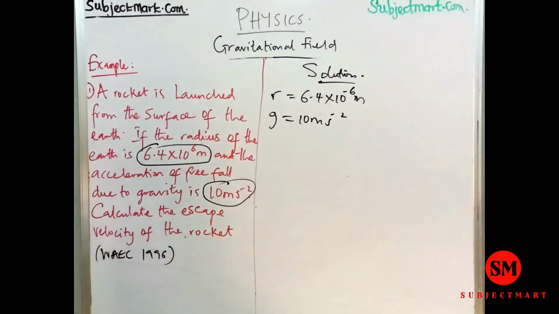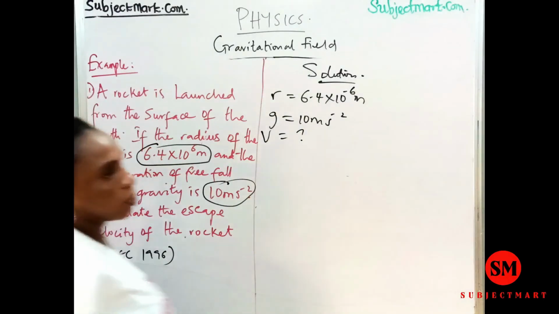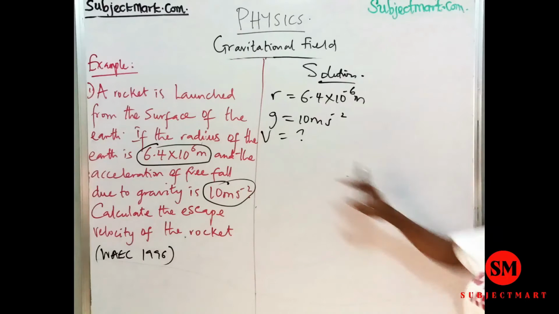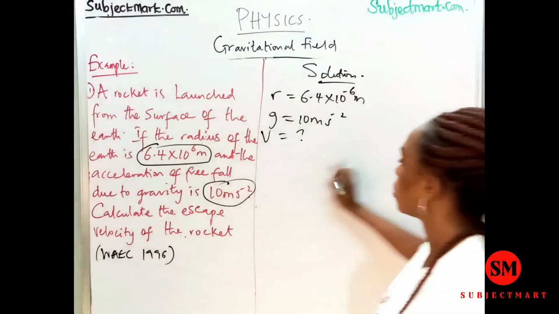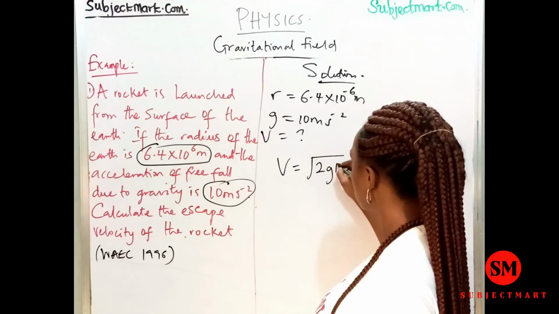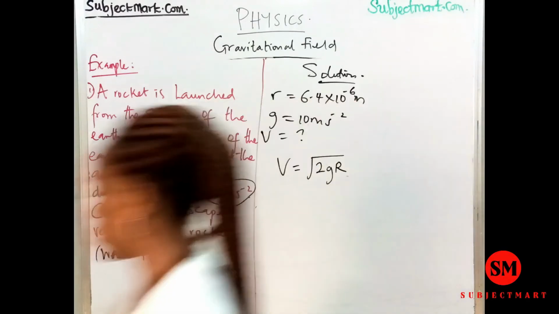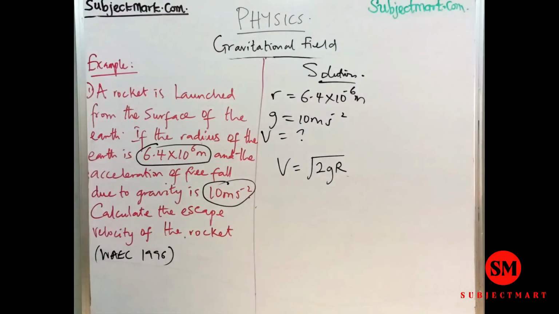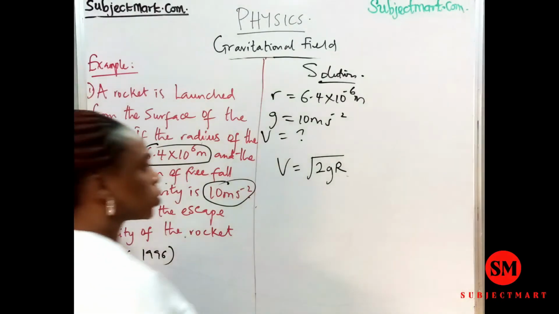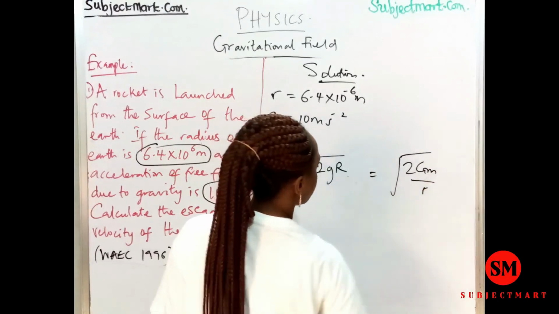So the question says calculate the escape velocity, v. You recall we have this for escape velocity. V is equals to square root of 2gr, and we also have v is equals to square root of 2GM over r.